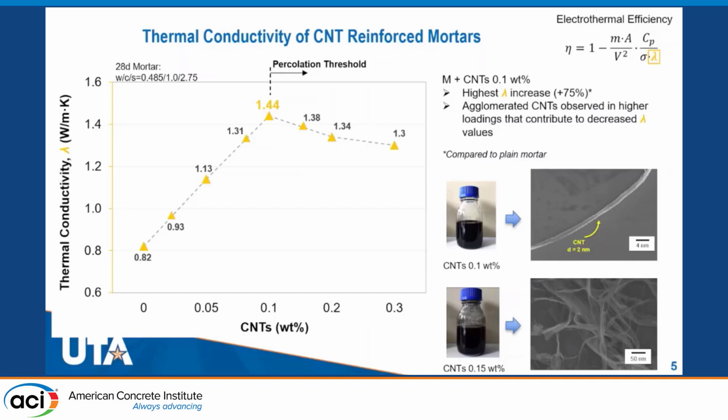The thermal conductivity values increase up to 0.1% per weight of cement nanotubes from 0.82. The neat mortar without the nanotubes is an insulator, so it exhibits very low thermal conductivity values. And this value increases up to 1.44 with the addition of just 0.1% per weight of cement.